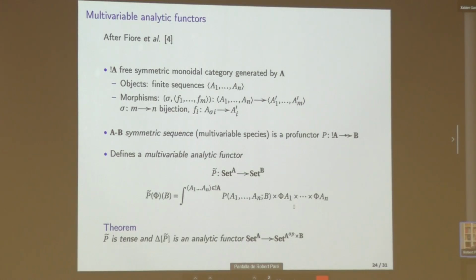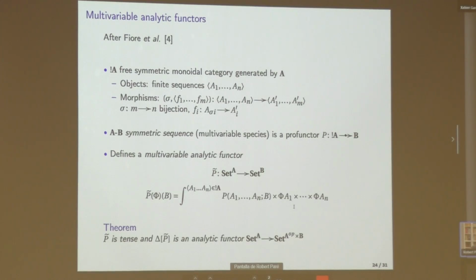Okay, so these are like the powers of X in a multivariable analytic functor. Okay. And so P tilde is tensed, and delta of P tilde is an analytic functor again.